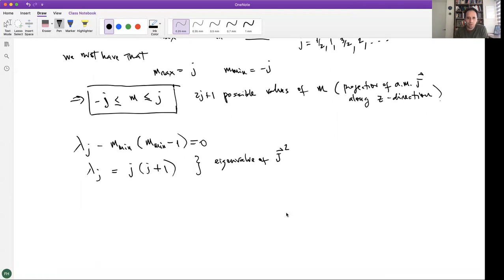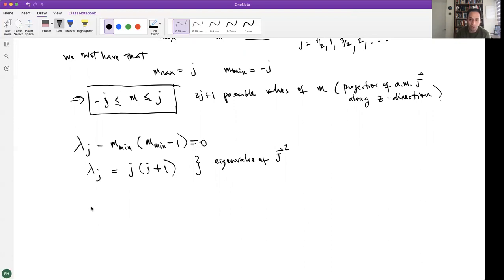Now we have constrained the values of the quantum number m. m can take integer or half integer values that go from minus j to j, and then the eigenvalue of j squared is also determined by the same integer or half integer value j.